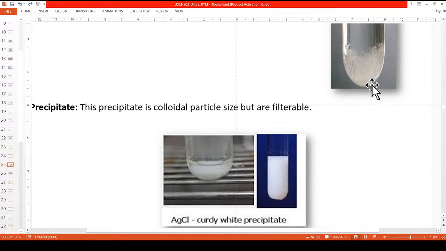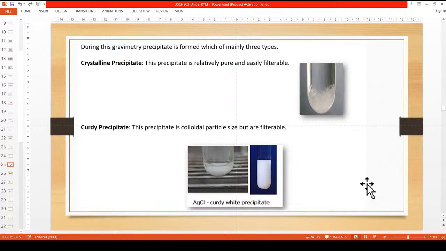At your home you can realize the concept of crystalline: crystals stay well-formed. In amorphous, talcum powder is also an amorphous form of substance. If you see filtration, crystalline compounds can be filtered easily. Amorphous compounds require Whatman filter paper number 41 or 42 to filter.